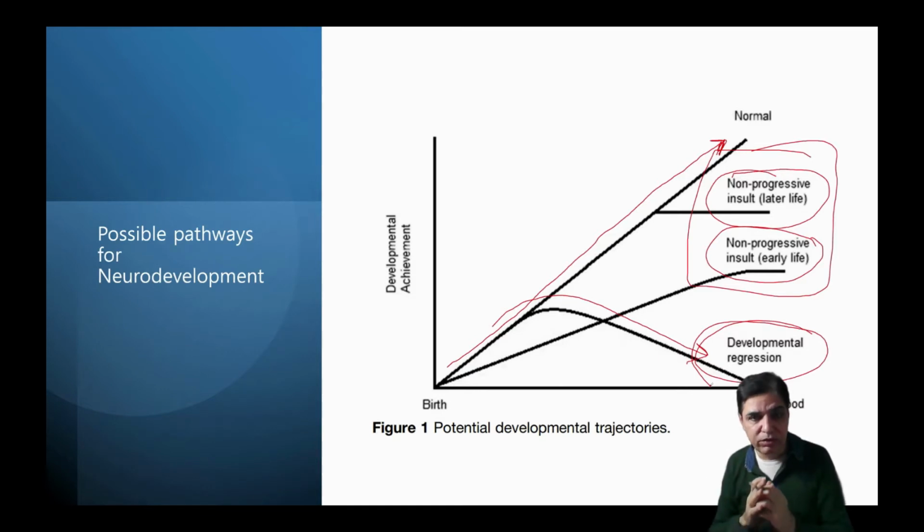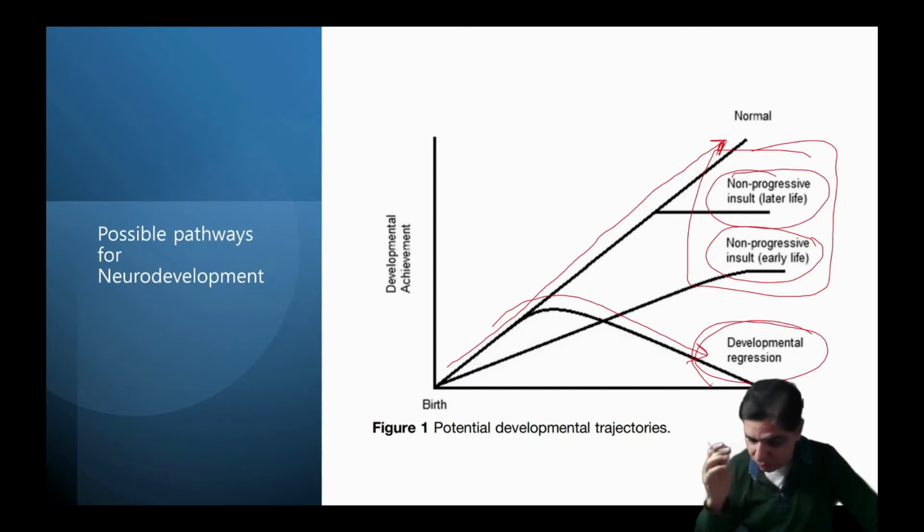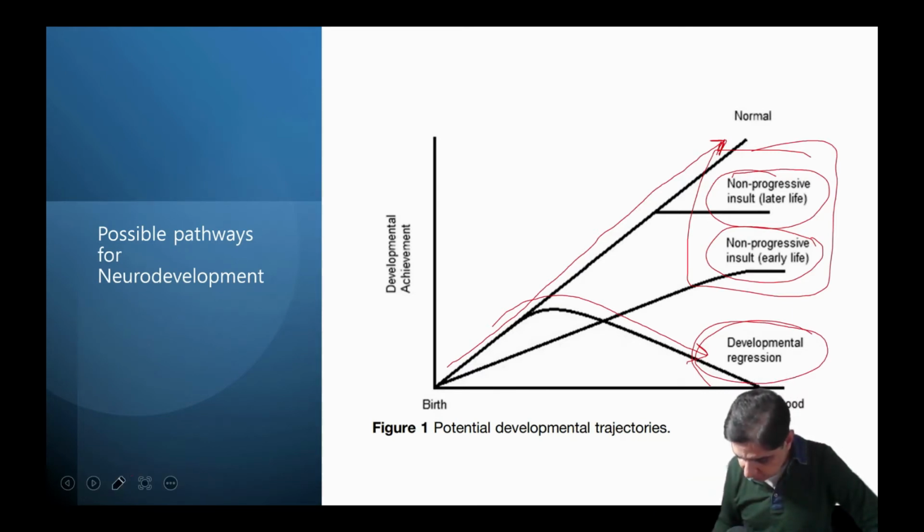In any case where you come across a condition where you think there might be some form of abnormal neurodevelopment, then you have to ensure whether it's a static condition where the child has reached a plateau, or whether it's an actual regression where somebody had achieved milestones but has now gone back in time, and there is a reversal of those milestones.